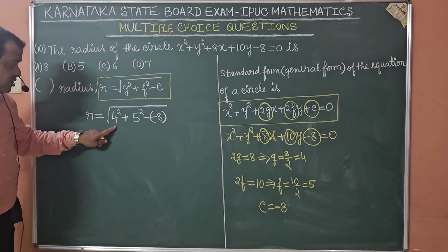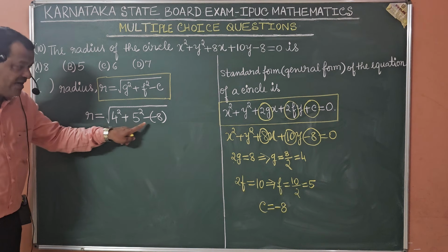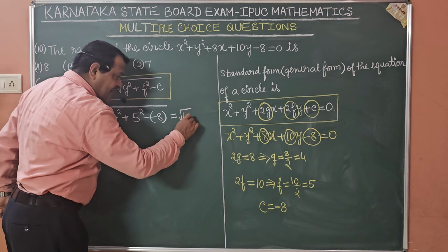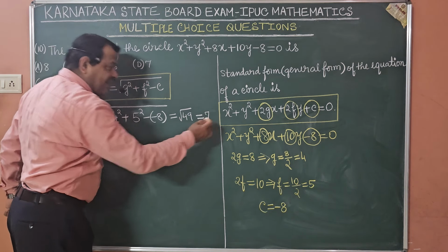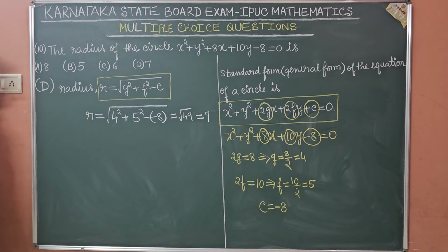This we can do in mind: 16 plus 25 is 41, plus 8 is 49. Square root of 49 is equal to 7. Hence in this question option D is correct.